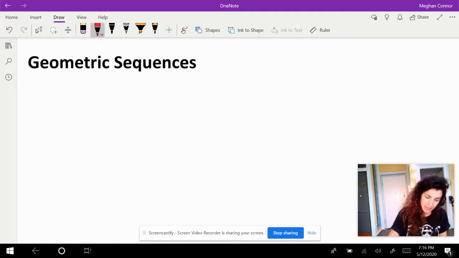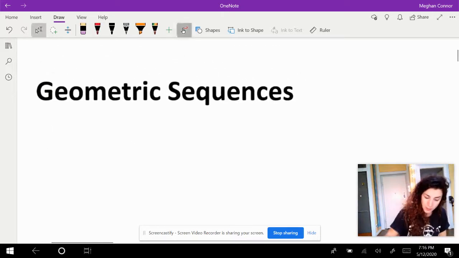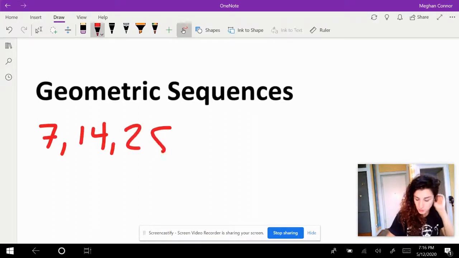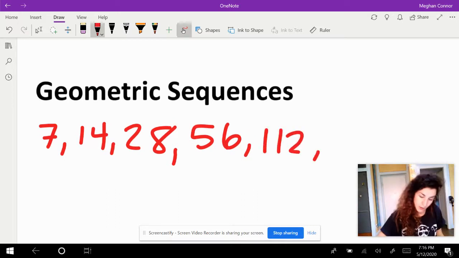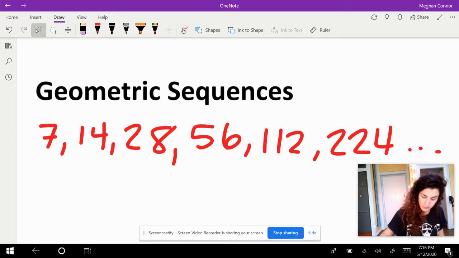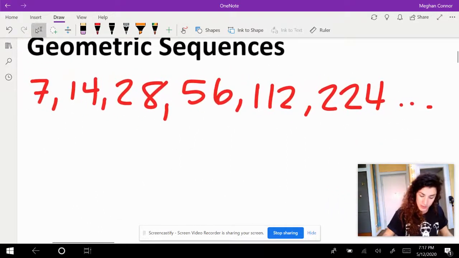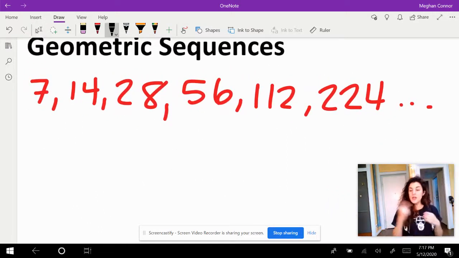A very straightforward one would be 7, 14, 28, 56, 112, 224, and so on. With this one, we know that it's repeated multiplication because we're multiplying by 2 every single time.